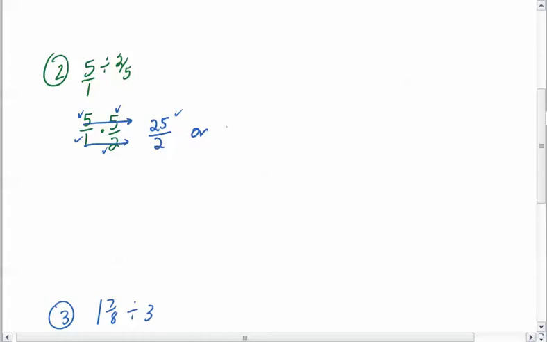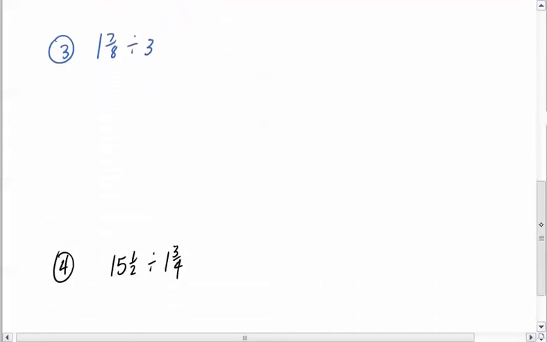Half of 25 is 12 and a half, right? 12 times 2 is 24 plus 1 is 25. So either one of those ways is the answer.